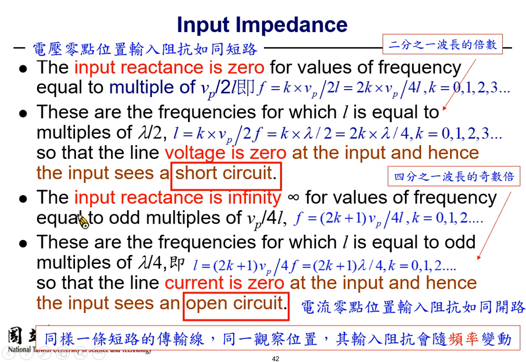For those cases, the current at the input end of the transmission line will be 0. Then the equivalent input impedance will approach infinity, which is equivalent to an open circuit. So for the same short-terminated transmission line, at the same observation position, the input impedance will vary as the frequency changes.